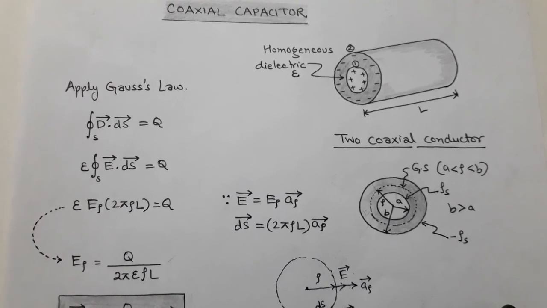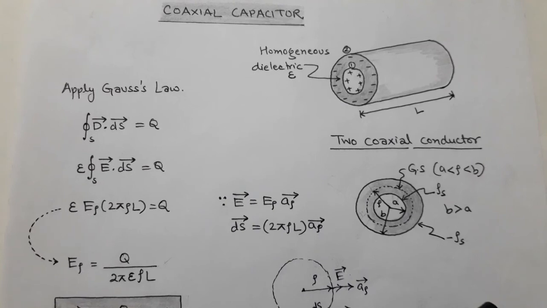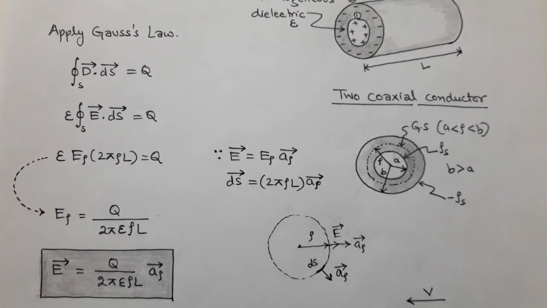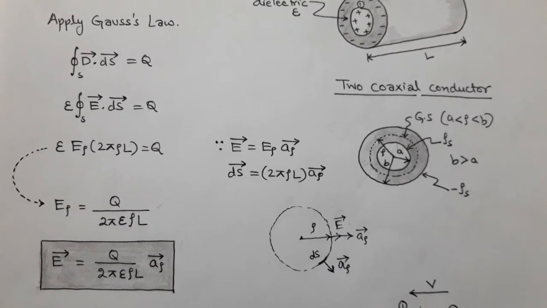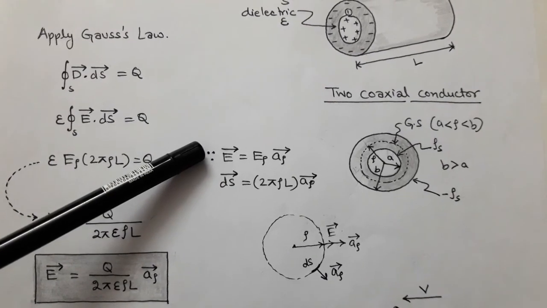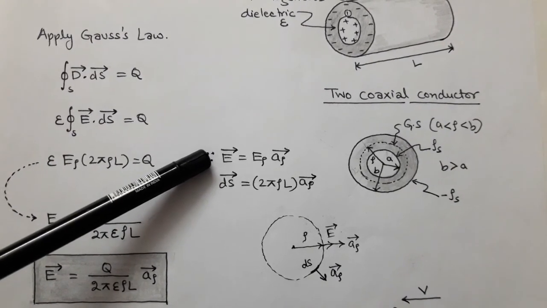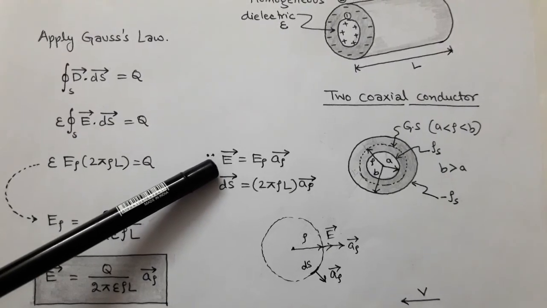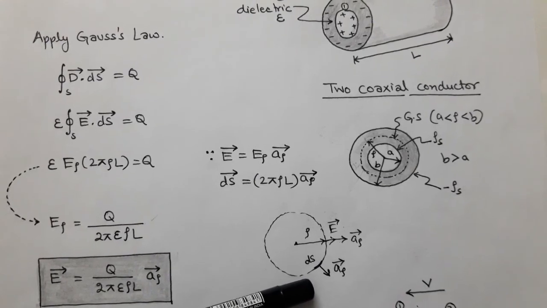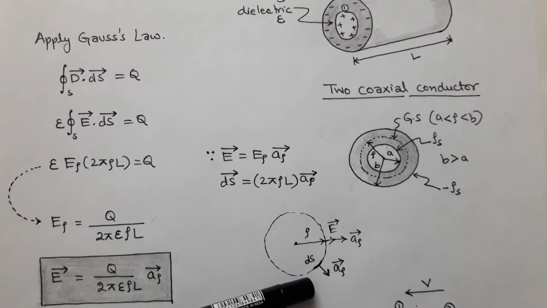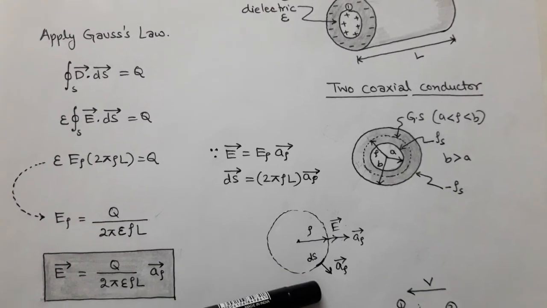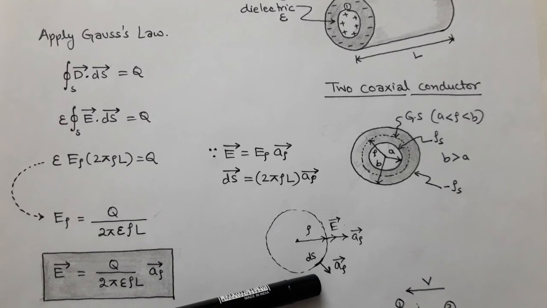Now, as we know, this is a cylindrical symmetry and the direction of electric field is radially outward, that is in the direction of unit vector a rho. So the electric field intensity has only a rho component, that is E vector equals E rho unit vector a rho, and the differential surface also has a direction that is radially outward, in the direction of unit vector a rho.